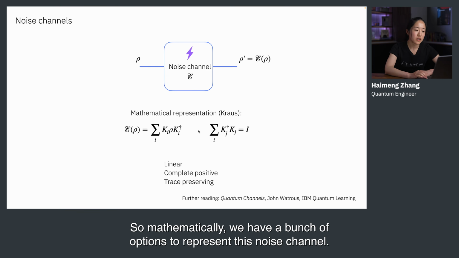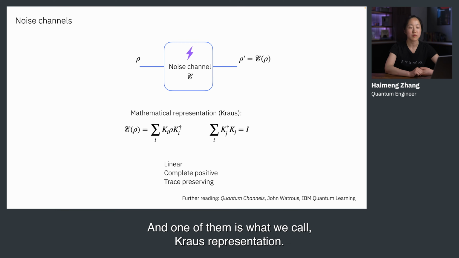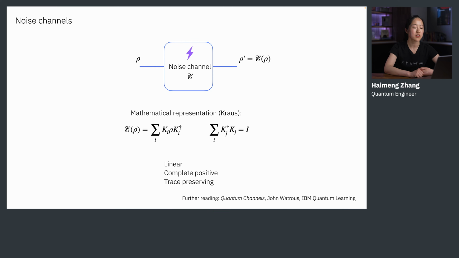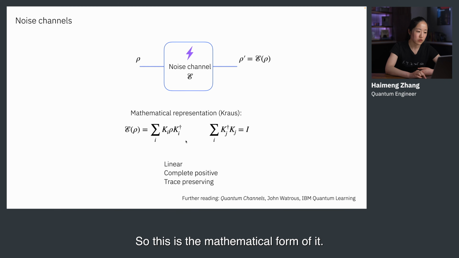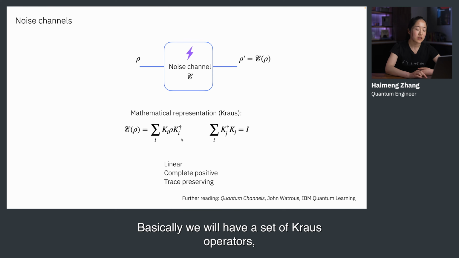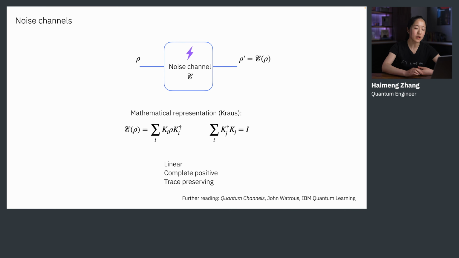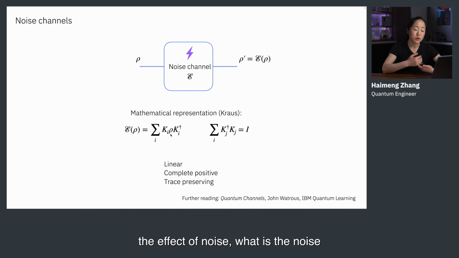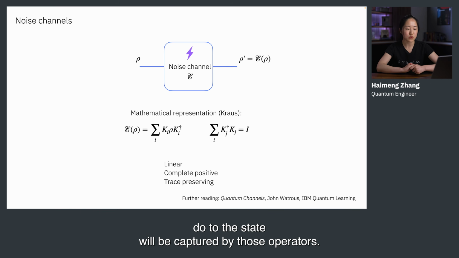Mathematically, we have a bunch of options to represent this noise channel, and one of them is what we call the Kraus representation. So this is the mathematical form of it. Basically, we will have a set of Kraus operators to act on state rho. The effect of noise, what the noise does to the state, will be captured by those operators.